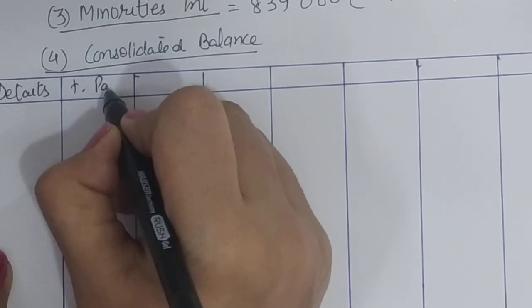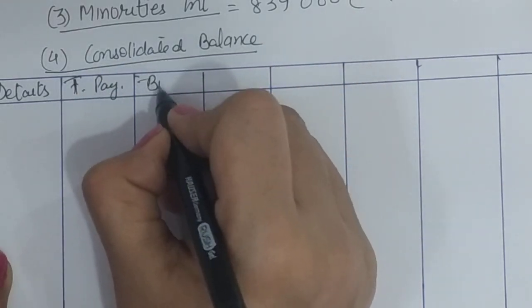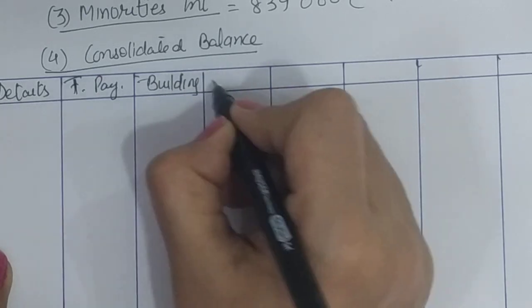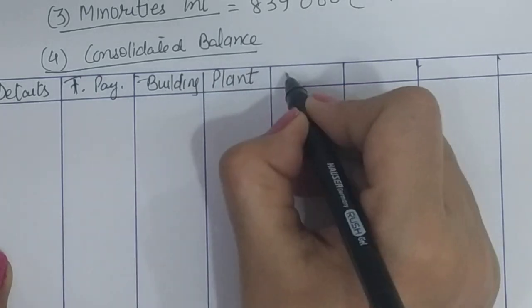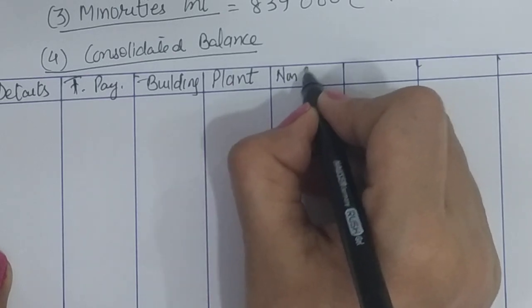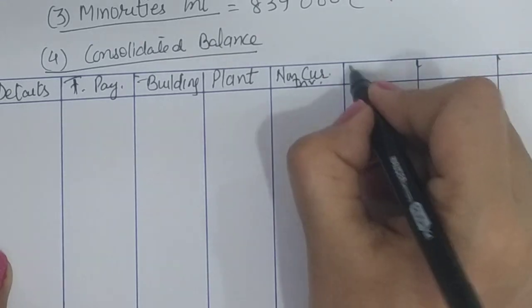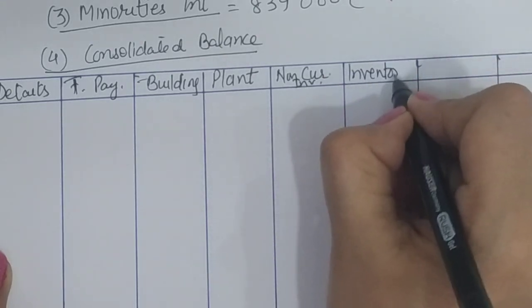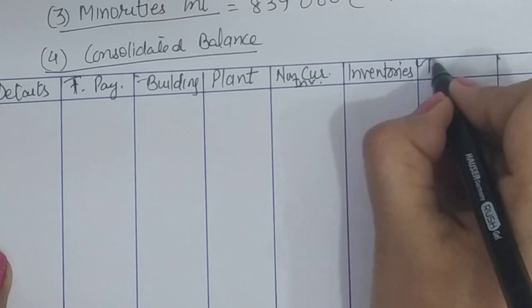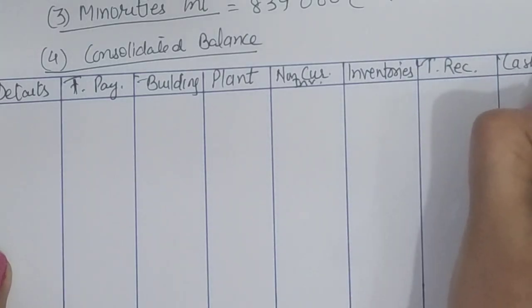Trade payable. Then you have building, plant. Then you have non-current investments, inventories, bills, trade receivables. Then you have cash plus cash equivalents.